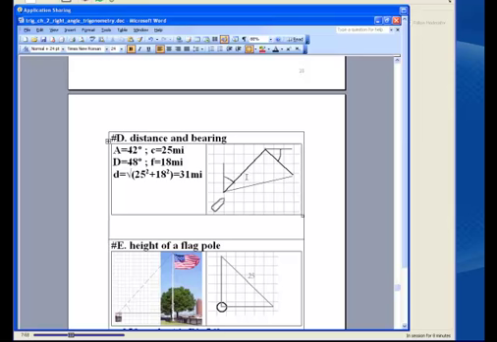Well, we're going to do a little trick here. We already know this angle here is 42 degrees, so we determine what this other angle is and add it to it. Well, we have a triangle given.